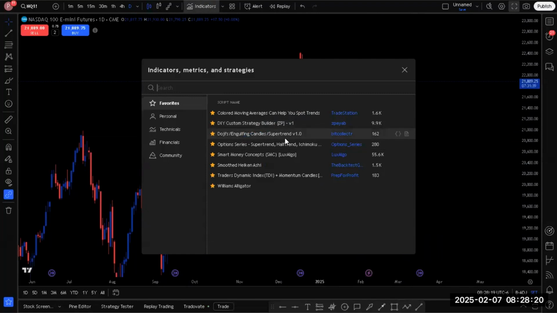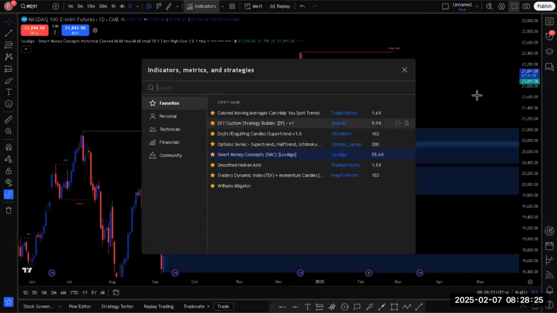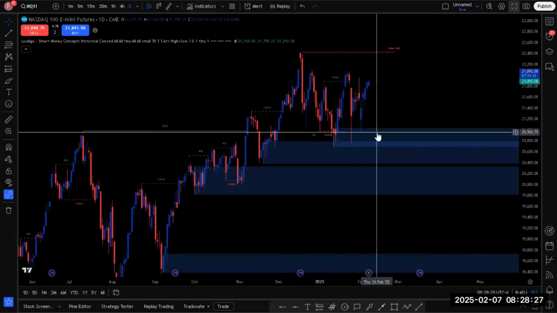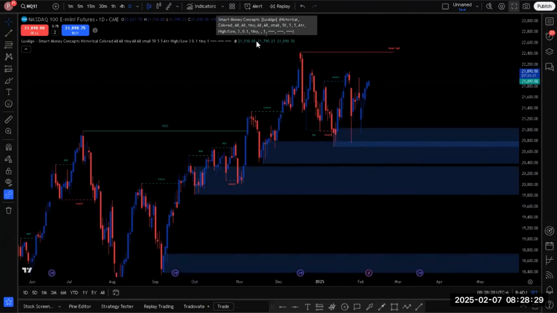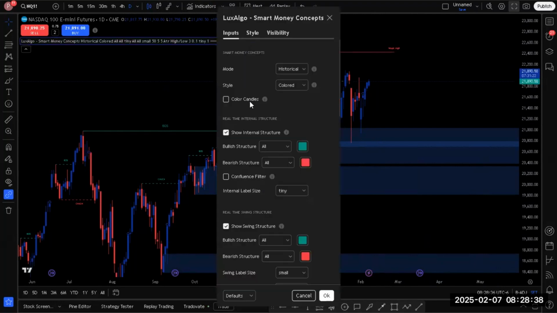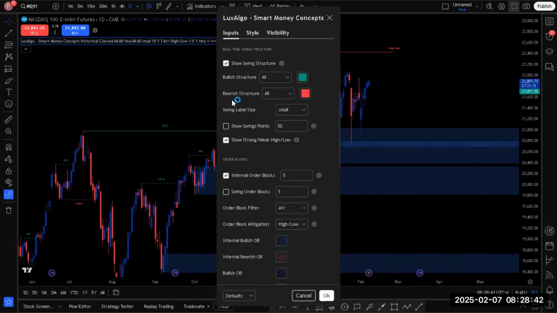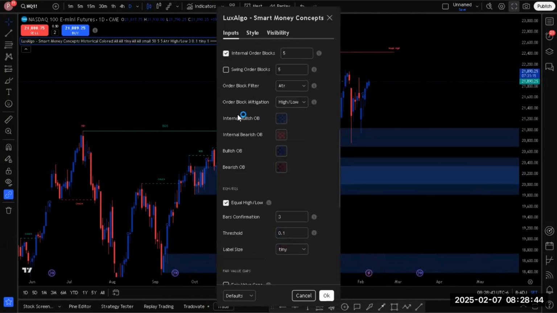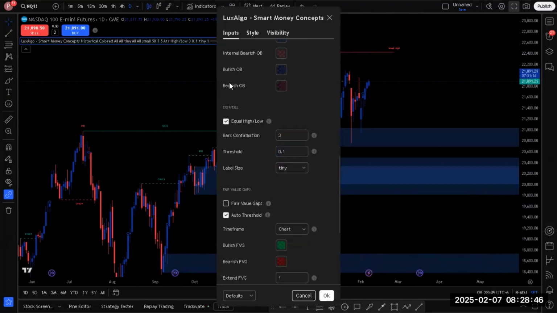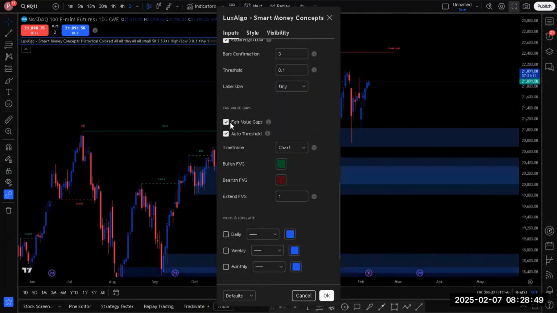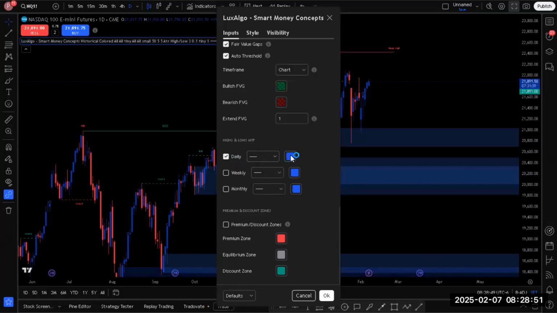indicators. The first indicator that I put on is going to be smart money concept. This is simply just going to give me my levels. So what I'm going to do next is go to settings and select confluence, swings, order blocks, fair value gaps, daily.